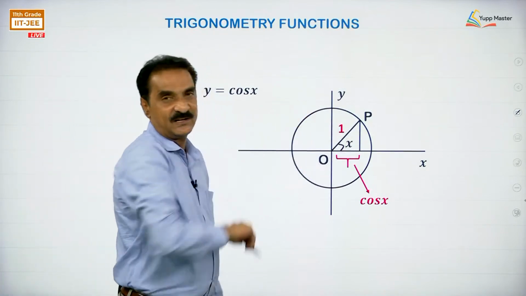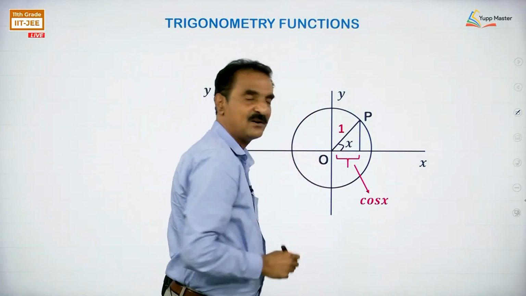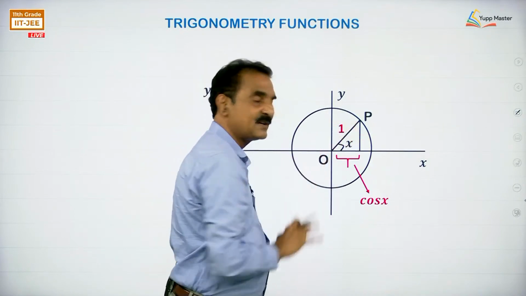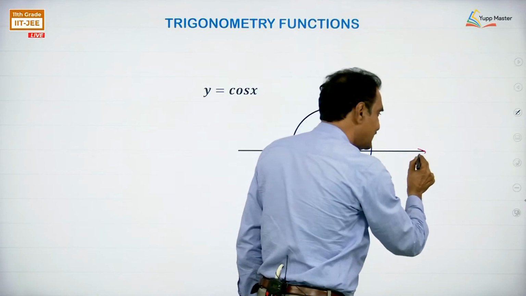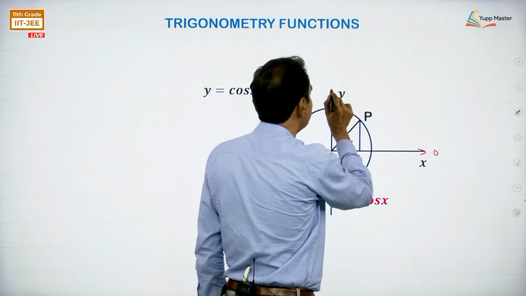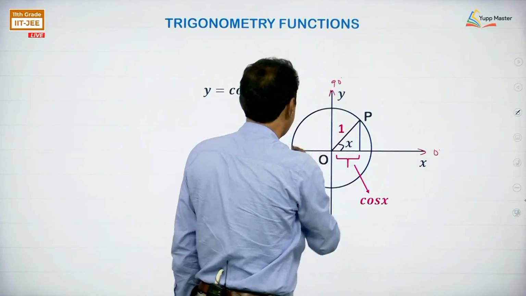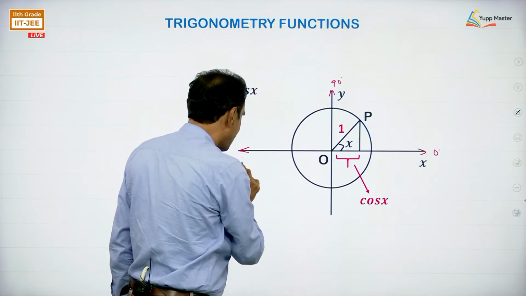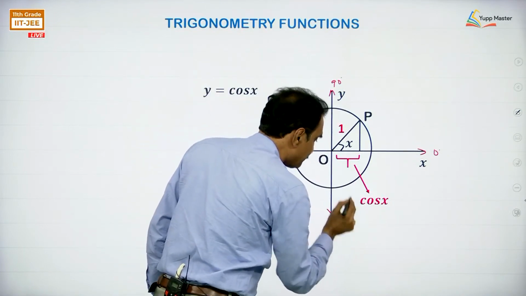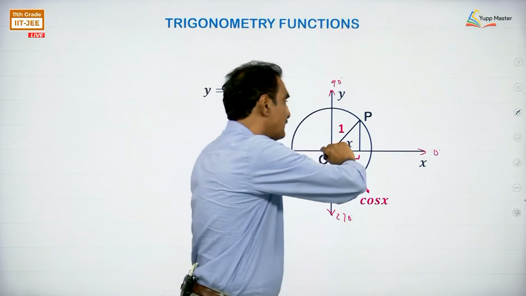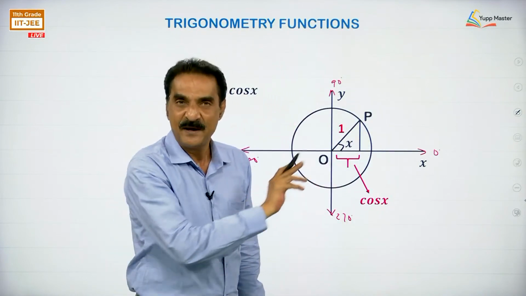In this unit circle, again take center at the origin, radius of the circle is 1 unit, this is x axis, or this is 0 degrees, this is 90 degrees, and this is 180 degrees, 270 degrees. Now, consider some angle made by OP.